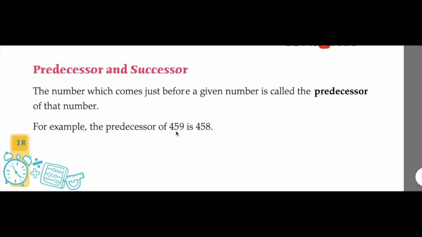The number which comes before 459 is 458. That is, we have to find the predecessor of 459. The before number, that is the predecessor of 459, is 458. So predecessor means you have to write the number which is the before number of the given 3-digit number.